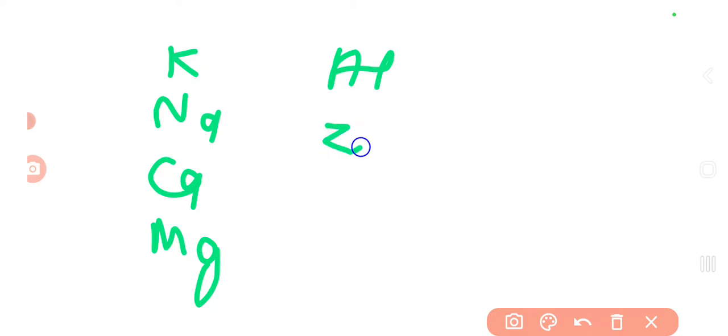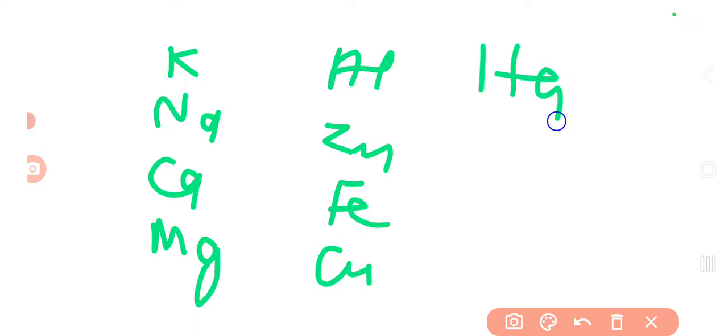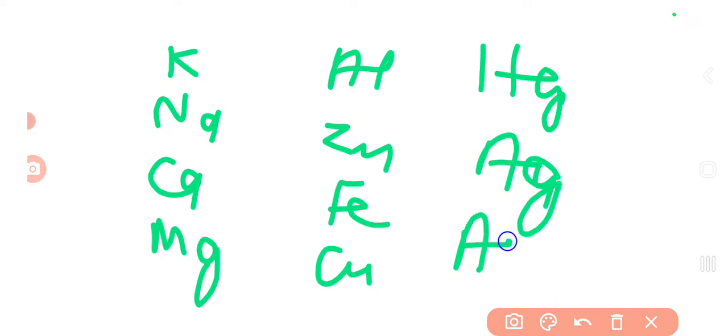And the reactivity series is potassium, sodium, calcium, magnesium, aluminium, zinc, Fe, copper, Hg, Ag, Au.